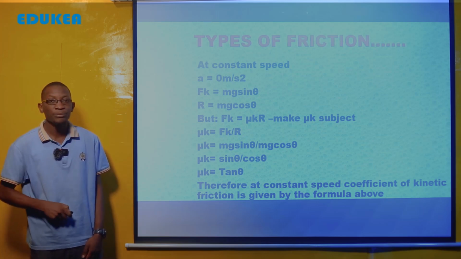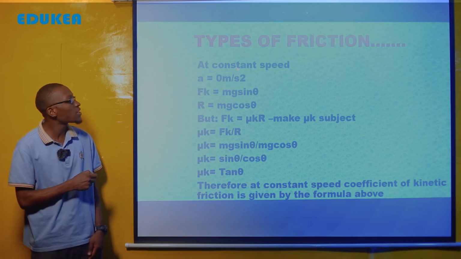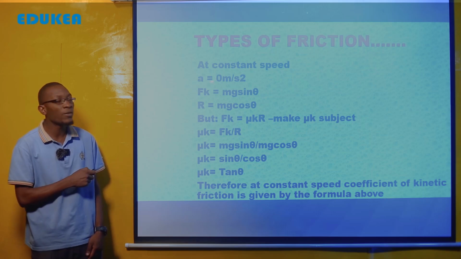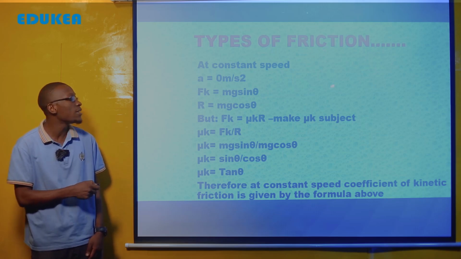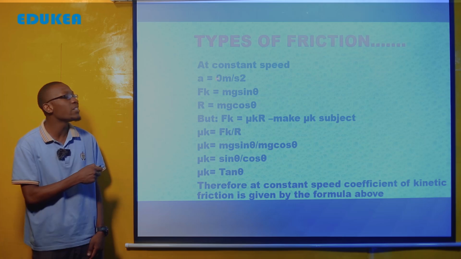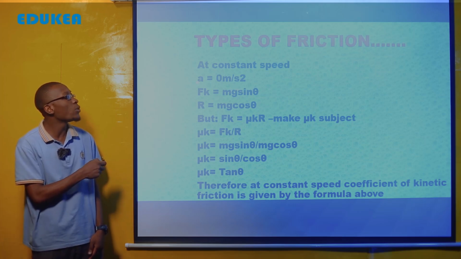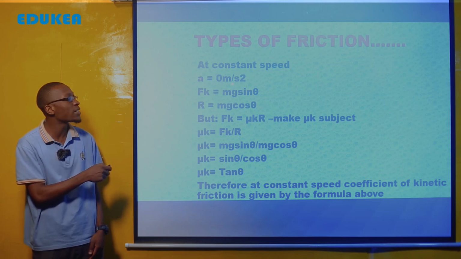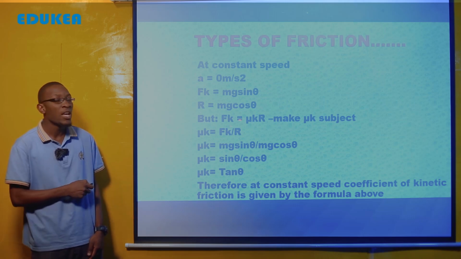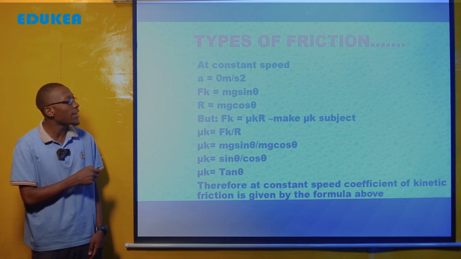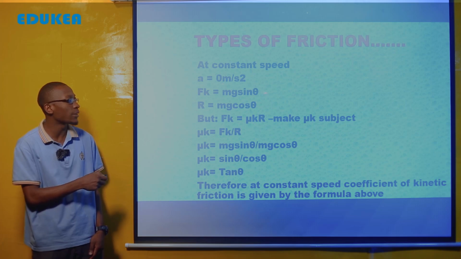When the body is at constant speed, the acceleration of that body is equal to 0. At constant speed, we assume that acceleration is equal to 0 meters per second squared. The kinetic frictional force is equal to mg sin theta.